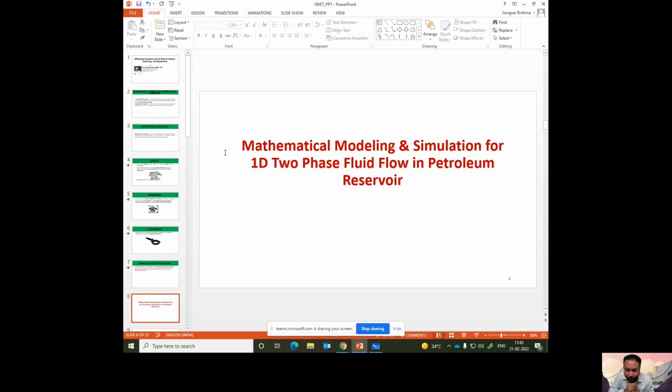It means that basically we are going to develop partial differential equations. That differential equation will represent the reservoir system, how the fluids can flow. What are the parameters that describe the system of the petroleum reservoir?